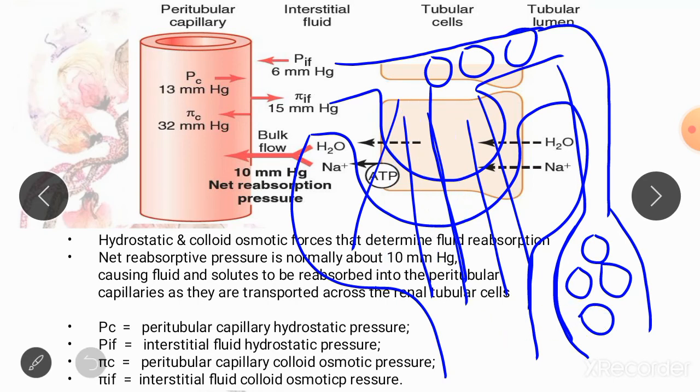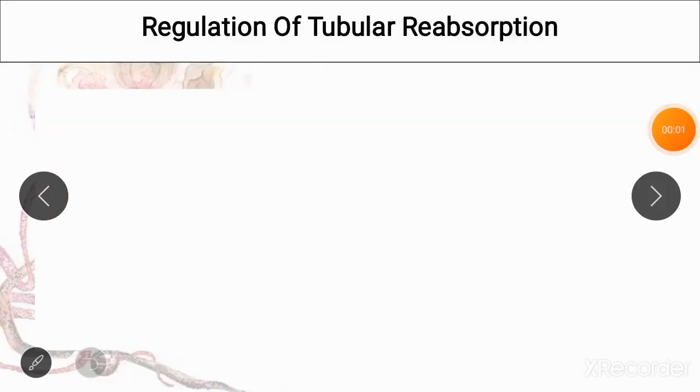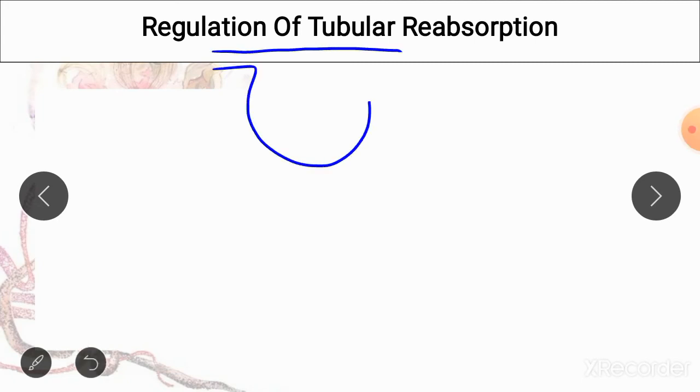Let me repeat. According to the glomerulotubular balance, whenever filtration increases, reabsorption should also increase. So now how does this occur?